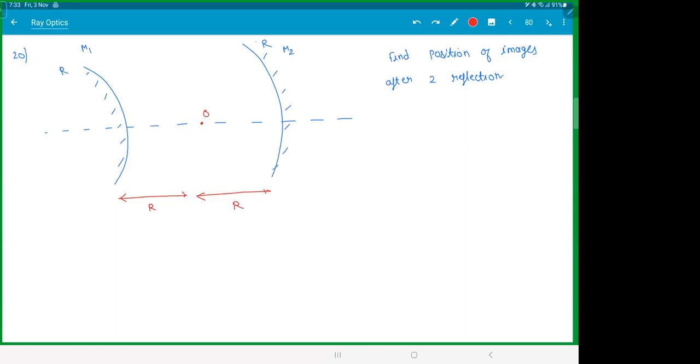This is an HCV question. Again, brute force calculation. There is nothing big to think about logically. If you have multiple mirrors, find the image in one mirror, use that as an object for the second mirror, again use the formula.